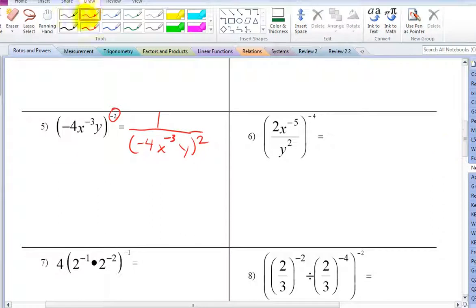Then I can multiply in. So it's going to be, what's the exponent on the negative 4? What's the exponent on the x? What's the exponent on the y? Multiply your exponents.